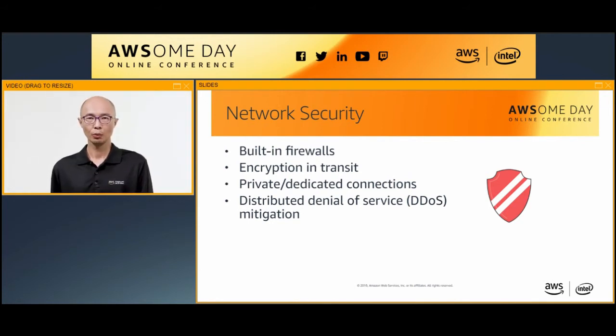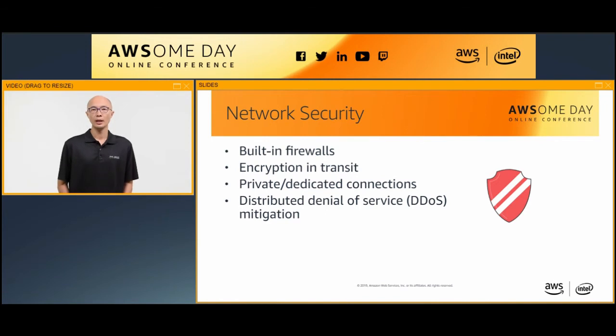Encryption in transit with TLS across all services. Connectivity options that enable dedicated connections from your office or on-premises environment to AWS, which are called AWS Direct Connect. DDoS mitigation technologies as part of your content delivery strategy.